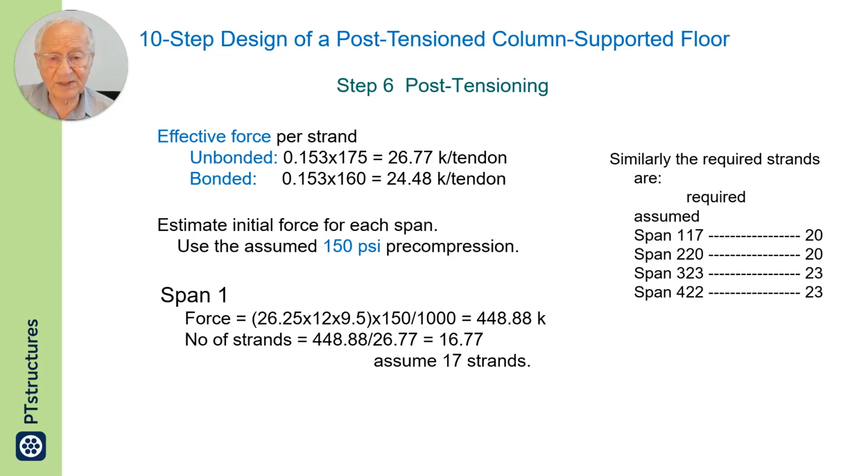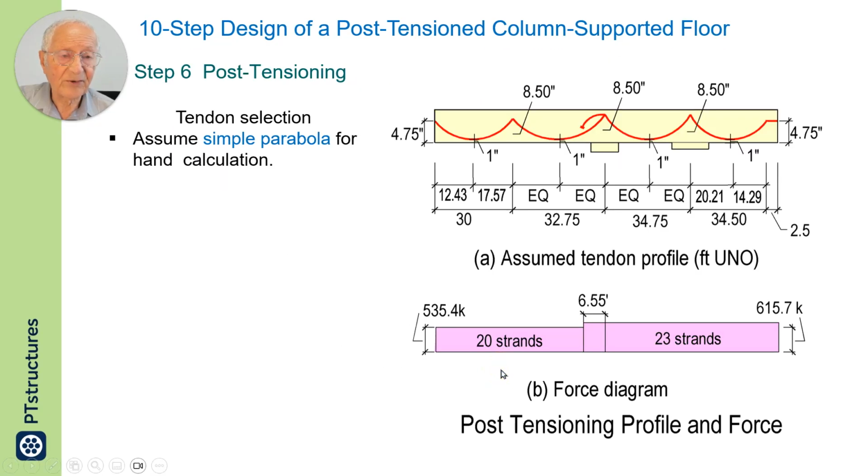I follow the same scheme. Take span number 2, calculate its area, multiply by 150 and divide by the force that each strand provides, and I end up with the number of strands that each will require. I show the number of strands.